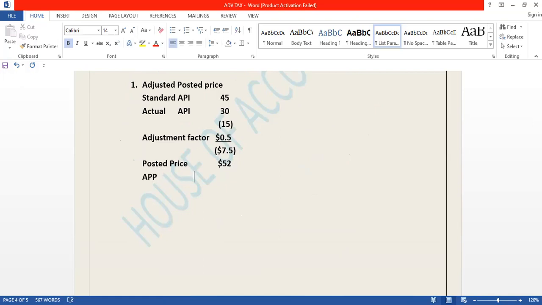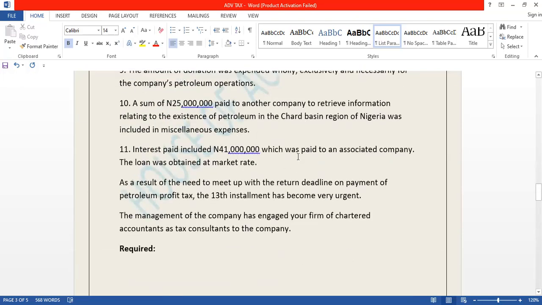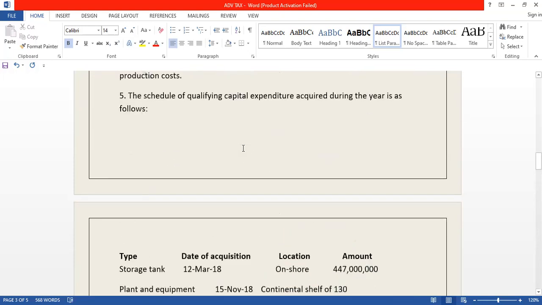So what do you get now? 52 minus 7.5 is 44.5. That is the adjusted posted price. Any question with that before we move on? And that is the first thing we need to do with this first note, note 1.